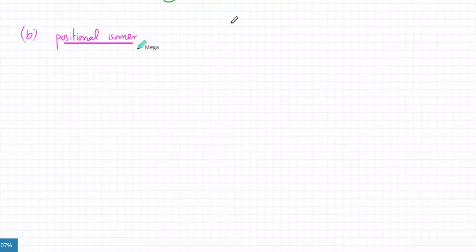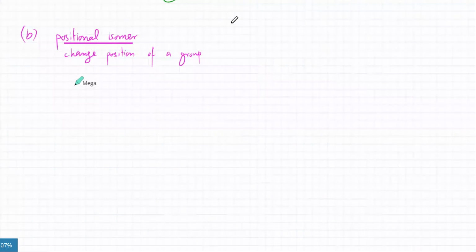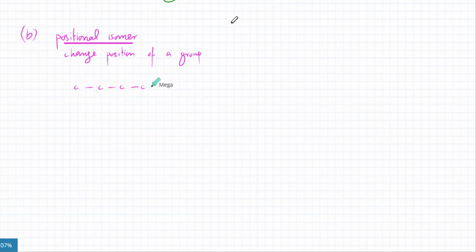So if they ask you to draw a positional isomer, simply change the position of a particular group. Any group, if there is a group. So let's say I have an alcohol, and that alcohol has an OH.